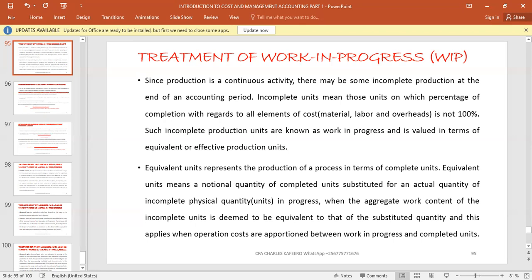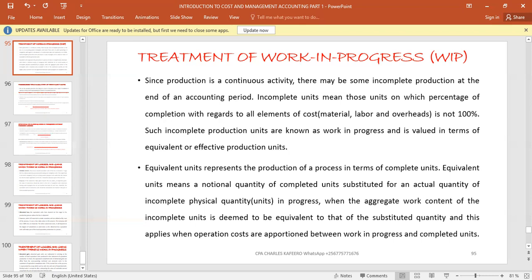What happens is that if you've commenced the production and by the time the accounting period ends, you find that the production is still ongoing.